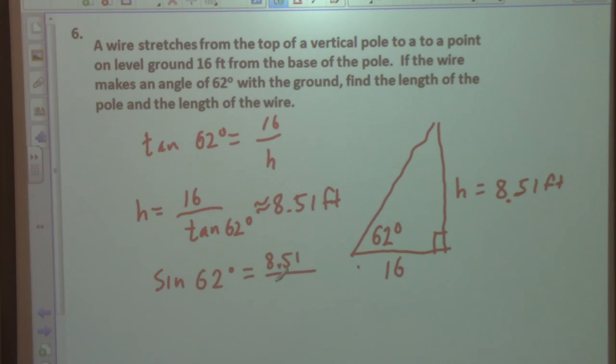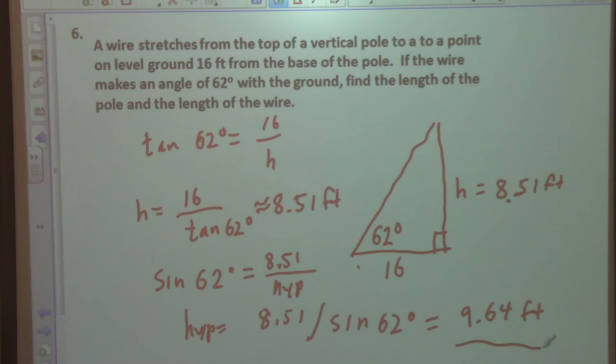Over your hypotenuse here. So hypotenuse is equal to 8.51 over sine 62 degrees, is that right? And so what's that going to be? What did you say? 6.4 feet.